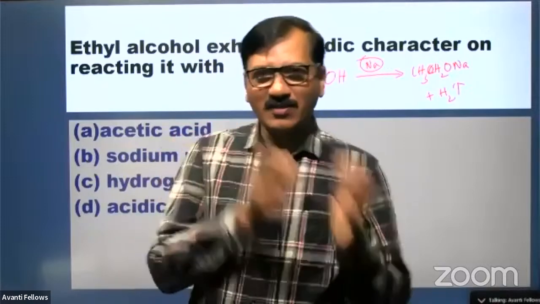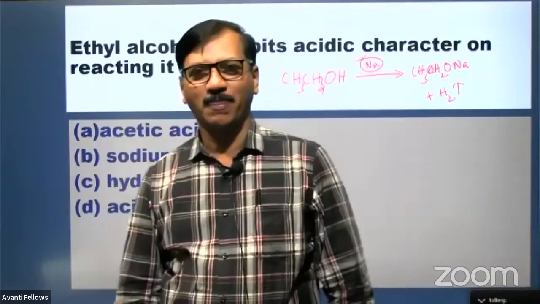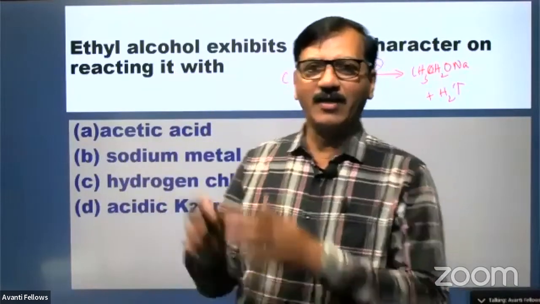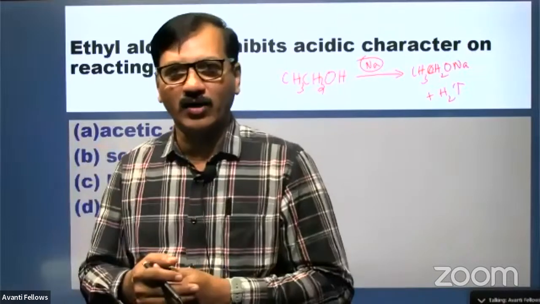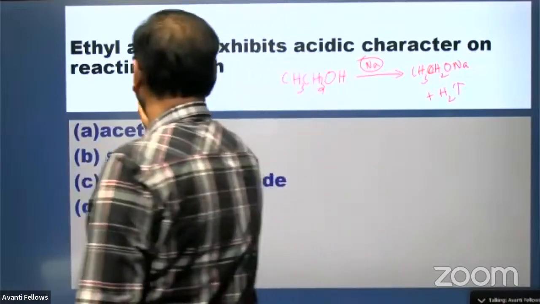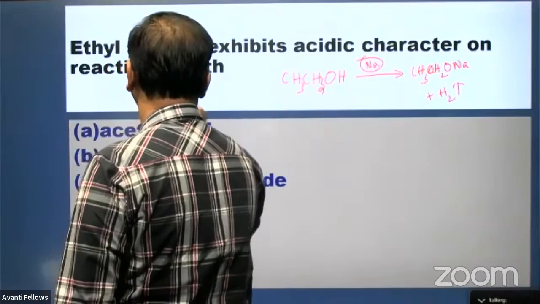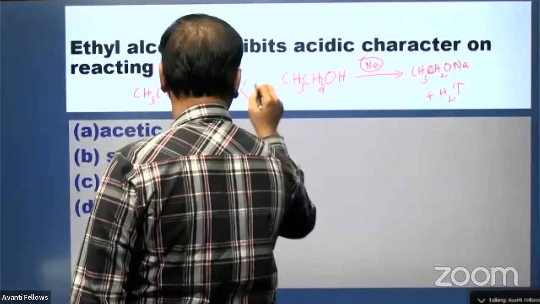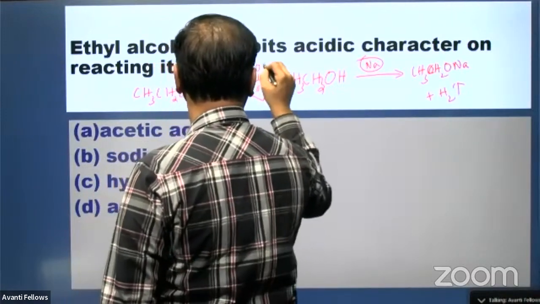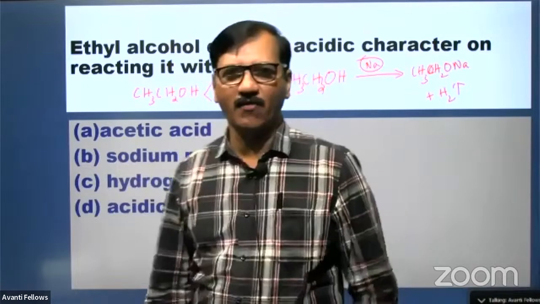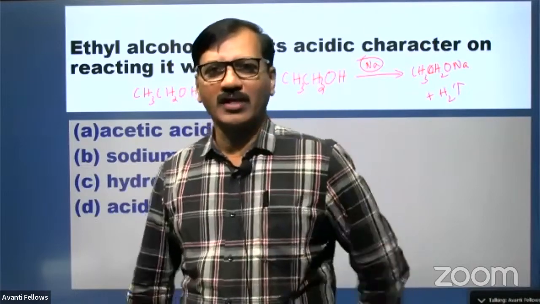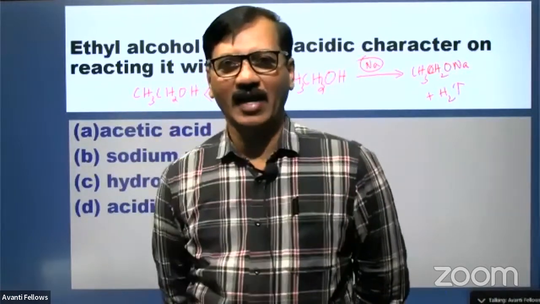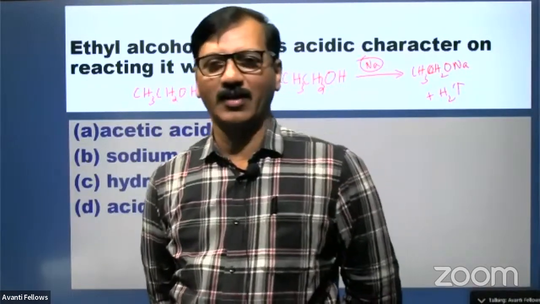Ethyl alcohol is less acidic than water. Look at this. Ethyl alcohol is less acidic than water, and phenol is more acidic than water. The acidic character of ethyl alcohol is less than that of water, and phenol is the most acidic among all these. These are all based on Ka value. Okay, don't go for the litmus test. Okay, it is an alcohol, it is an acid, therefore it should turn blue litmus into red.